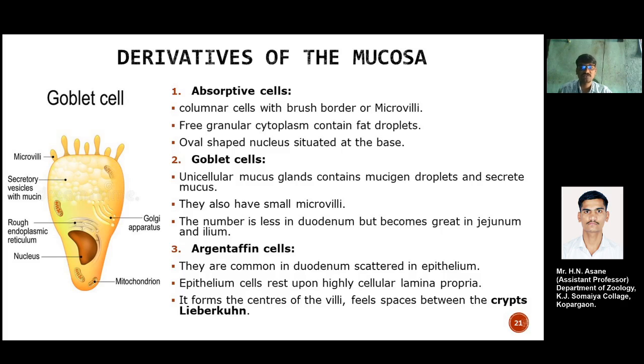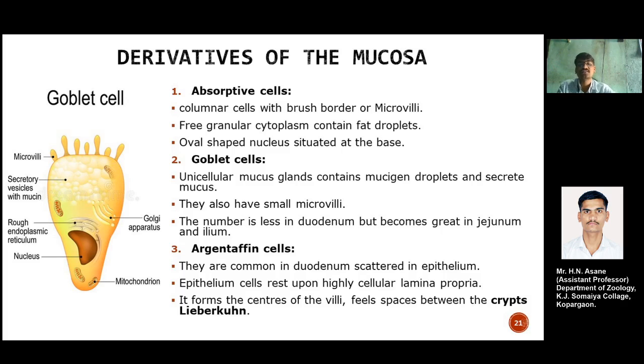These mucin droplets are going to secrete mucus. They also have small microvilli on the goblet cells. The number of goblet cells is less in the duodenum, but it will be in a great number in the jejunum and the ileum.